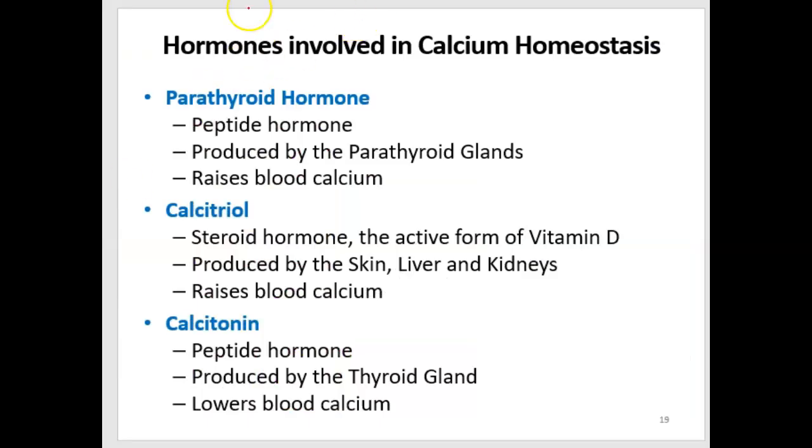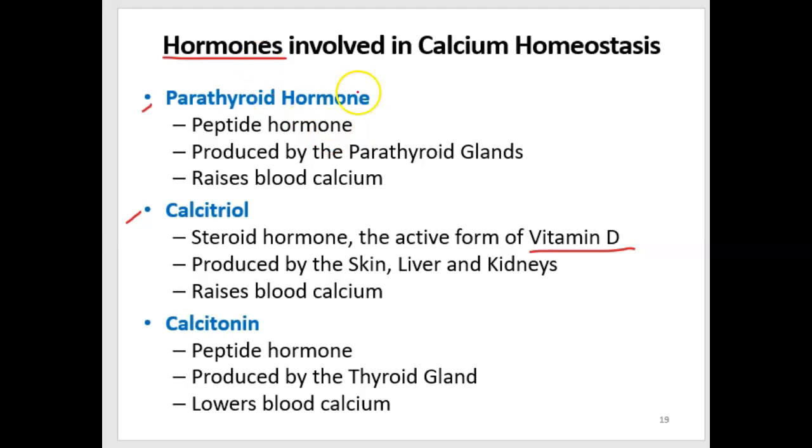Now there are hormones involved that regulate the activity of bone resorption and deposition, and there's 3 of them. 2 of them raise blood calcium and only 1 lowers blood calcium. The 2 that raise are parathyroid hormone and calcitriol, which you probably know of as vitamin D.